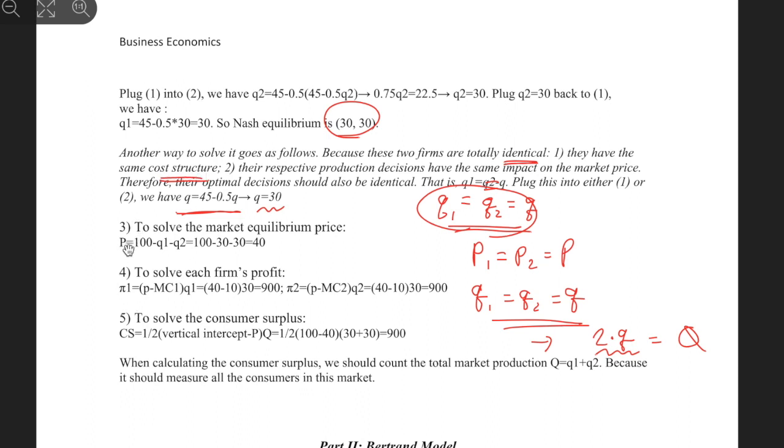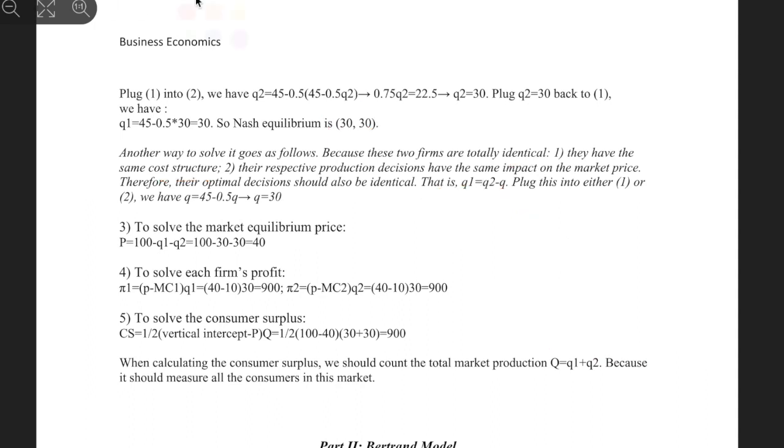Right? And number 3, to solve the market equilibrium price, what can we do? We go back to the demand curve. What was the demand curve? P equals 100 negative big Q, or 100 negative Q1 plus Q2. What was the quantity for each firm?